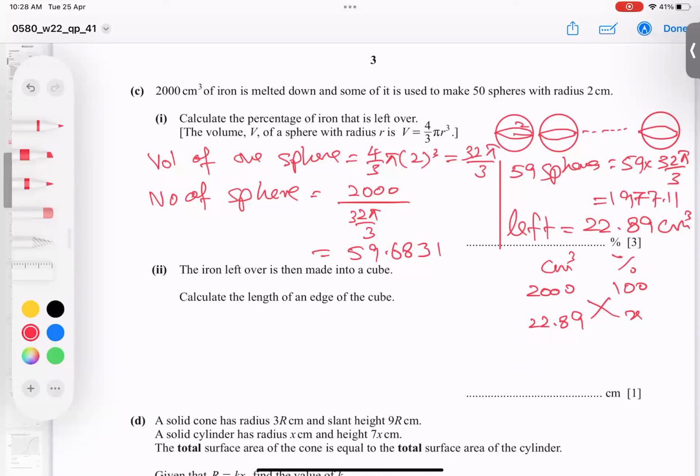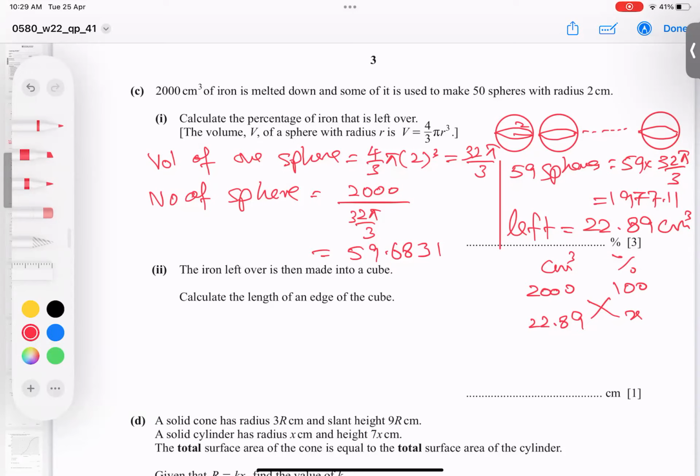Left over, so let me check, it's 50 or 59. I think I did some mistake. Let me check. 32 into pi divided by 3. Yes, it's correct.